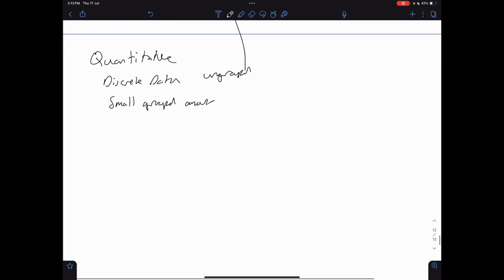But if it's a small grouped amount, then you'd use a stem and leaf plot. And the advantage of the stem and leaf plot is you can see the shape quite easily.